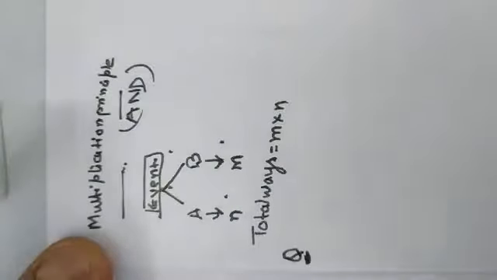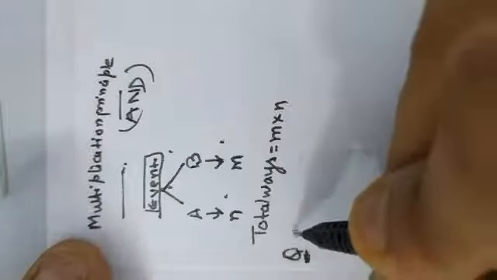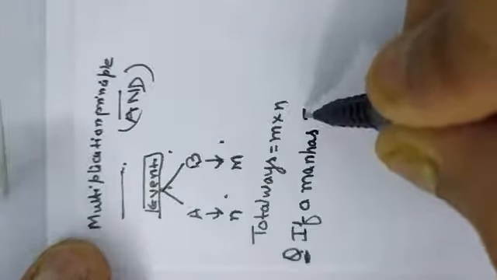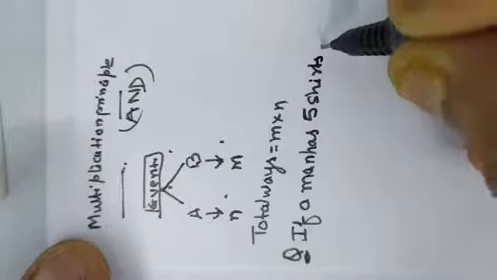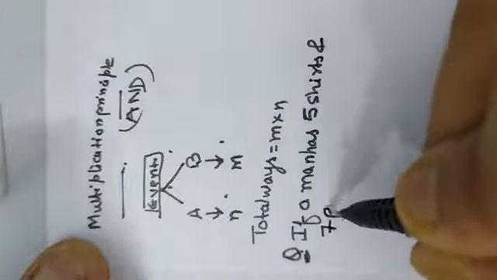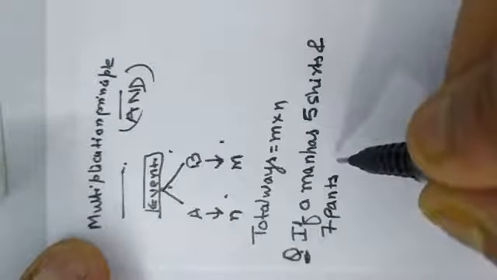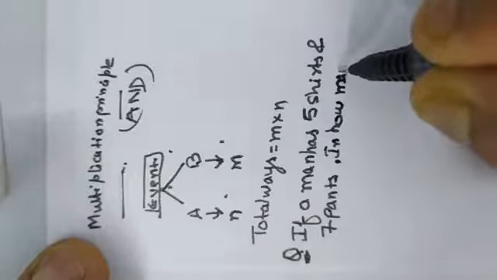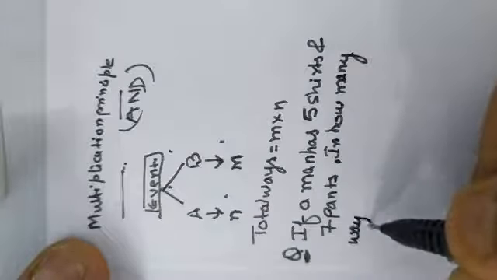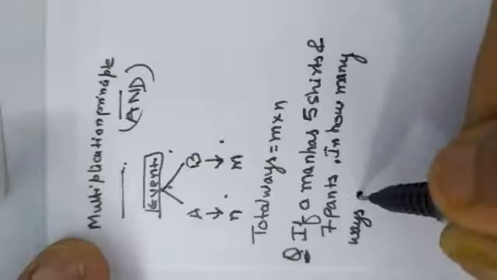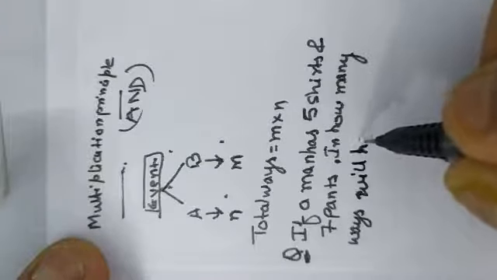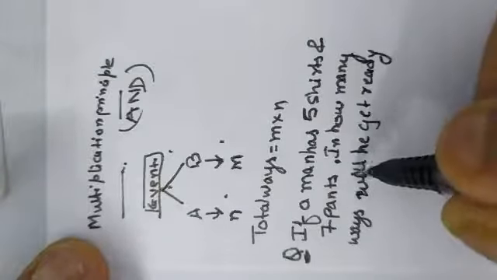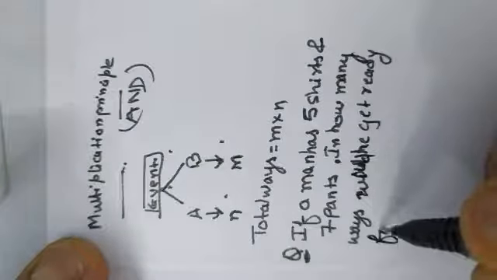See, I am writing a question over here. If a man has 5 shirts and 7 pants, in how many ways would he get ready for a party?